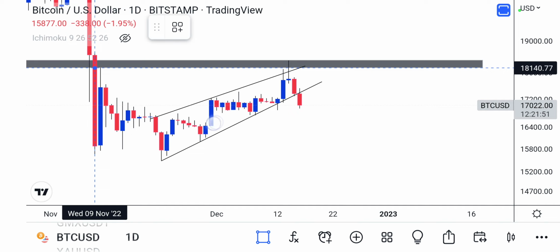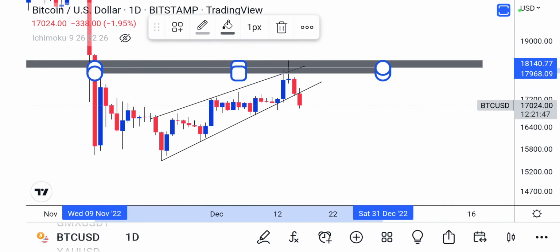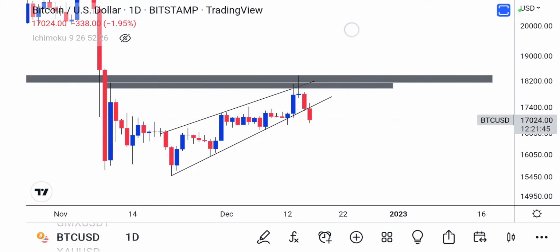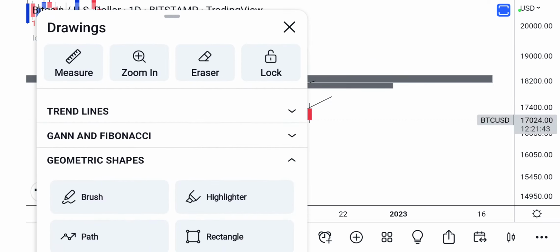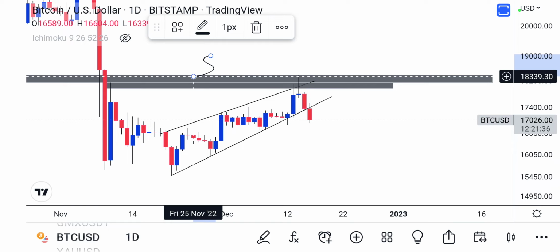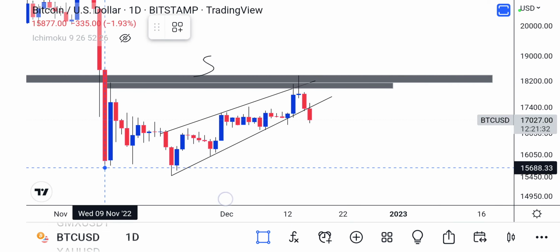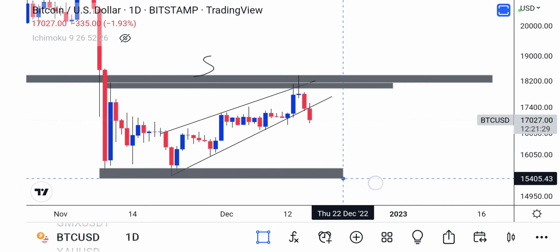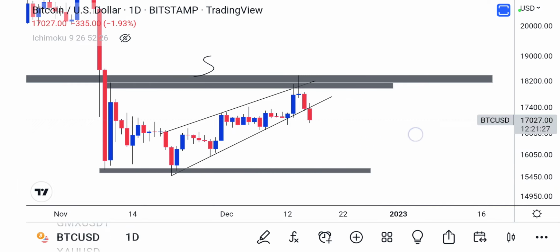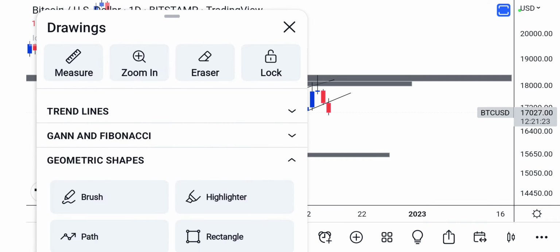First of all, we're looking at this supply zone. So this is the supply zone. Let me use this brush here. This is the supply zone. The supply zone is called the resistance, and the demand zone here is called the support.